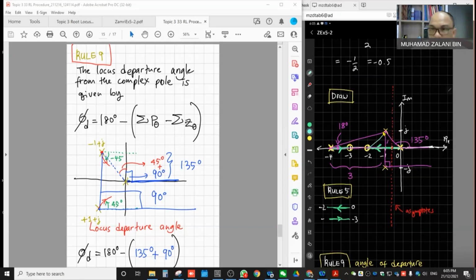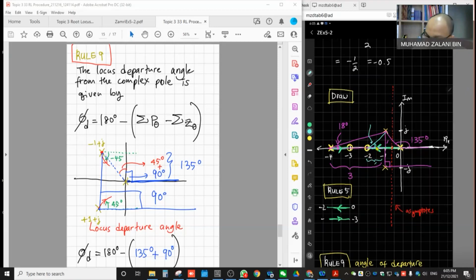We draw this, for the first zero here to the horizontal. That angle, we find it using tangent as well, which is tangent of 1 divided by 2 minus 1, what is the magnitude?